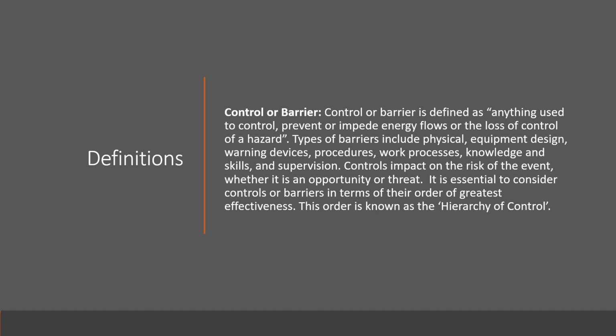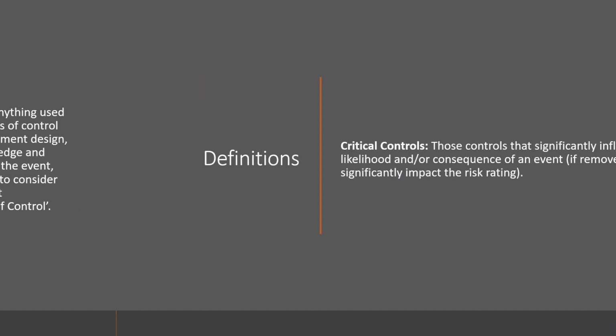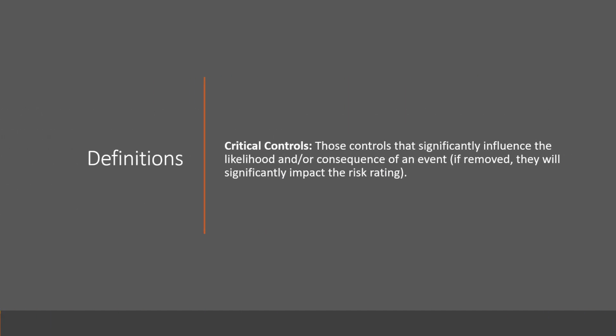This order is known as the hierarchy of controls. Critical controls. Those controls that significantly influence the likelihood and/or consequence of an event. If removed, they will significantly impact the risk rating.